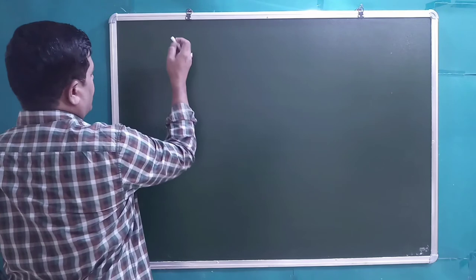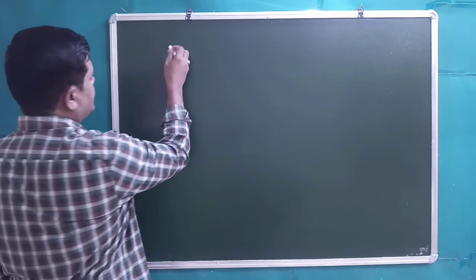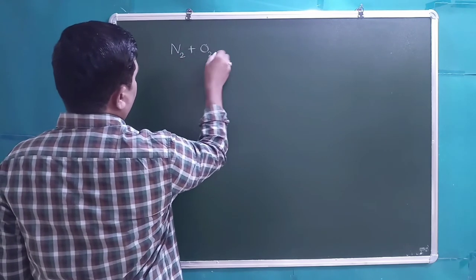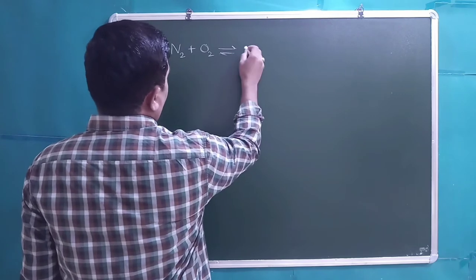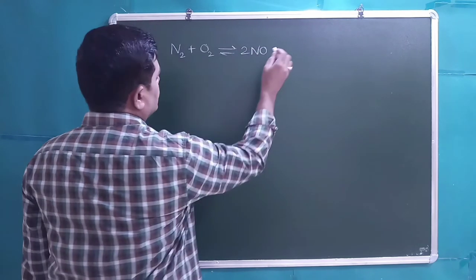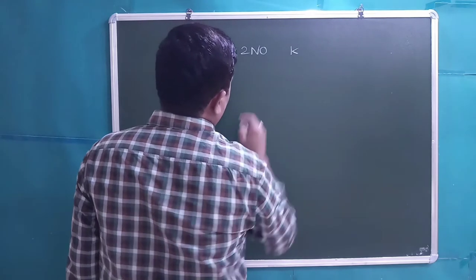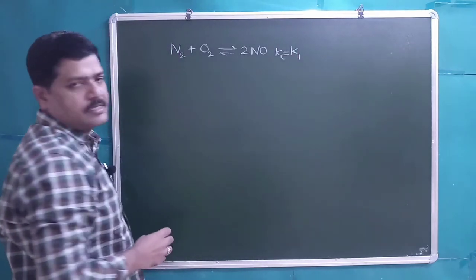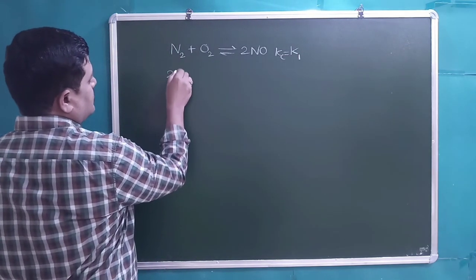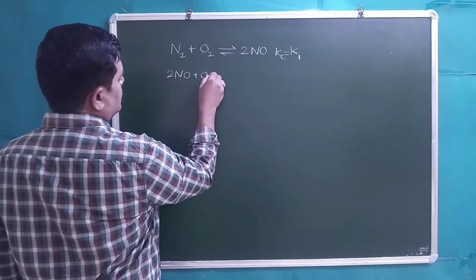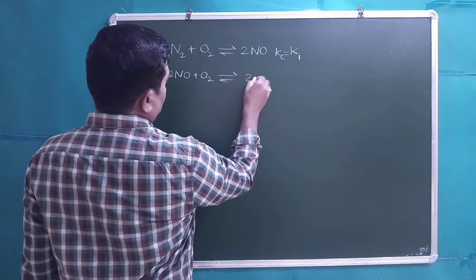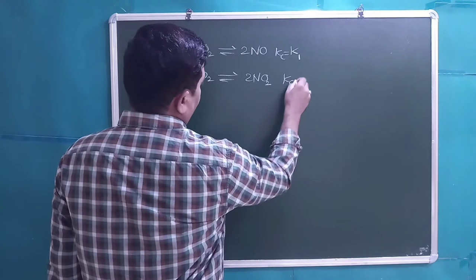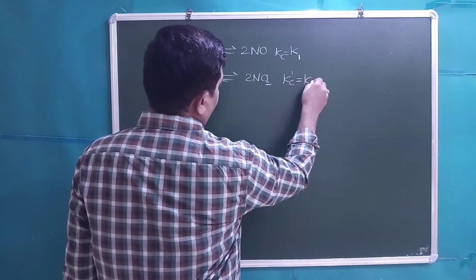Students, if a given reaction occurs in more than one step, for example, let us take N2 plus O2 in equilibrium with 2NO. The equilibrium constant for this reaction, assume it as K1. And 2NO plus O2 gives rise to 2NO2. Let us assume that the equilibrium constant for this process is K2.